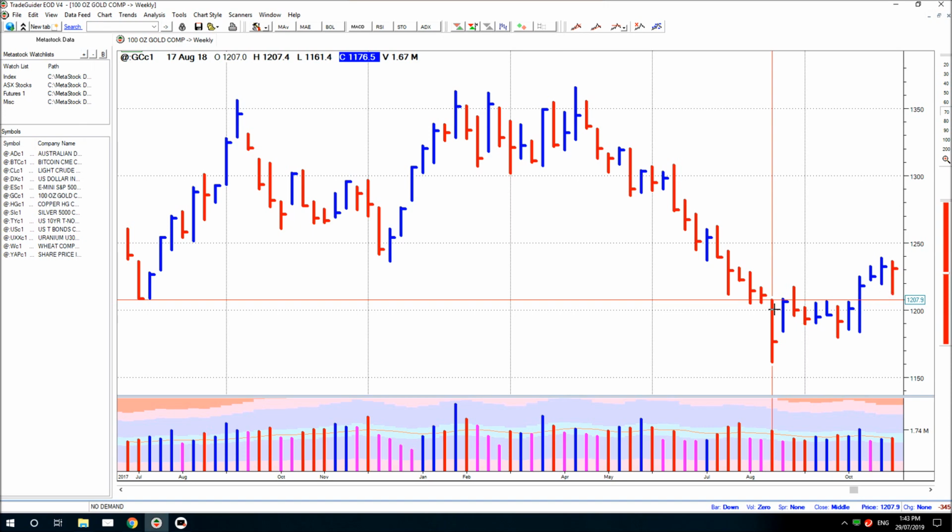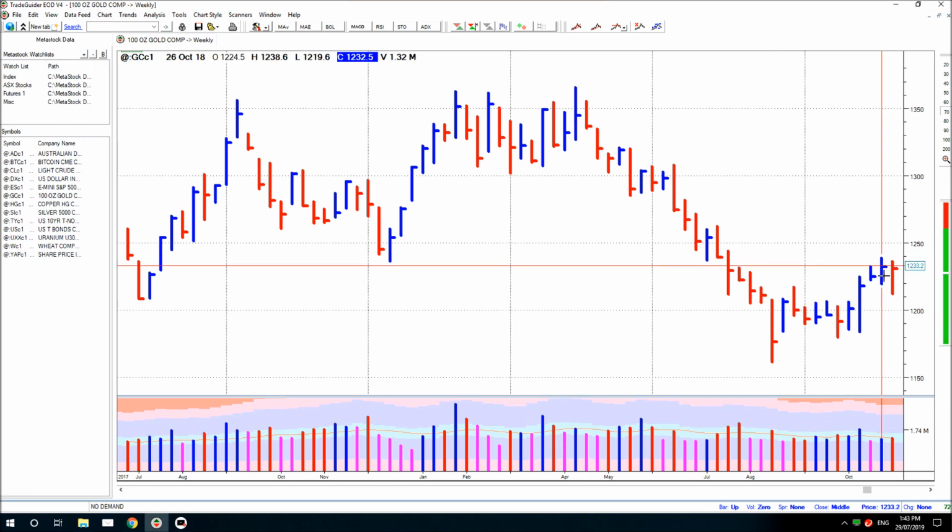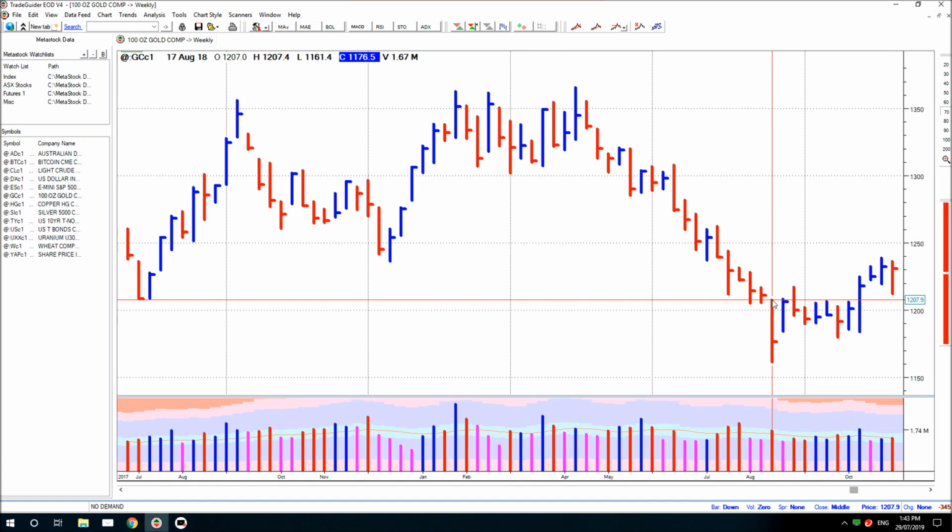You can see that the high is 12.07 and price is currently 12.32. So I would be saying that there's still a 50-50 chance that the breakout line will be tested. That's the line above the high of this down bar where support was first seen.